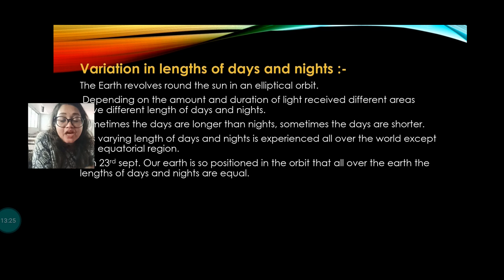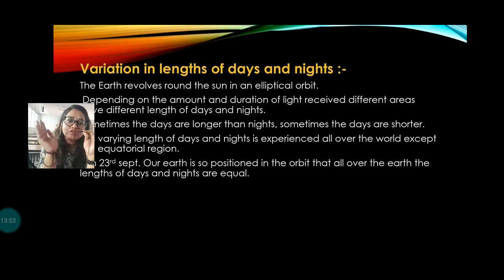Okay, and now the next topic is the variations in the length of day and night. Due to the rotation of the Earth we see the formation of day and night, but due to the revolution of the Earth we see that the length of day and night changes. The Earth's revolution around the sun in an elliptical orbit determines the duration of light received, giving different lengths of day and night.